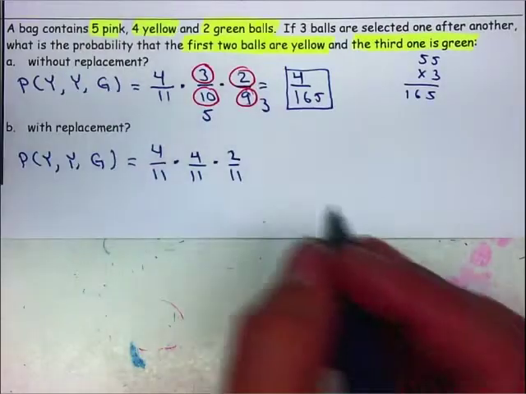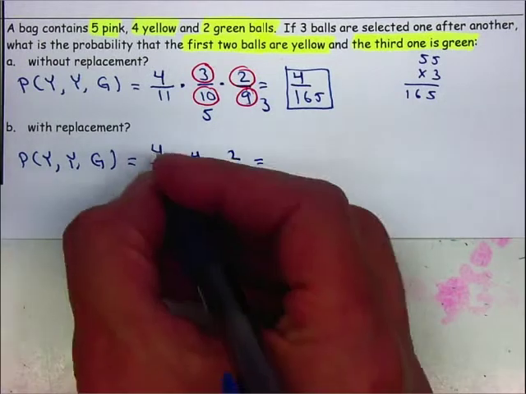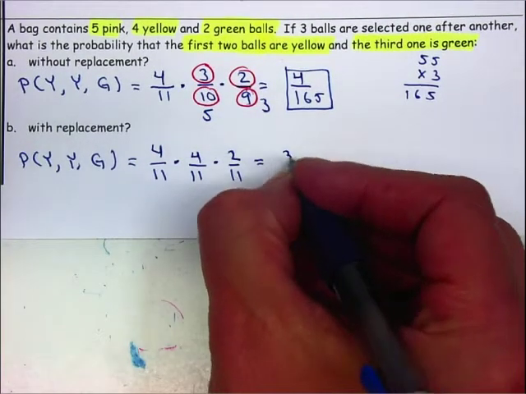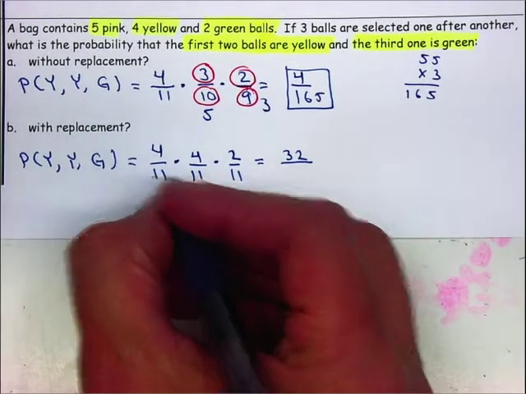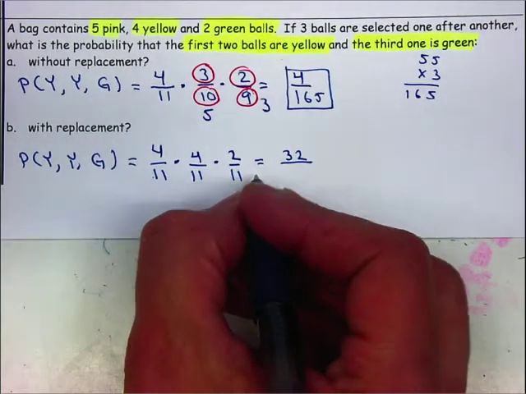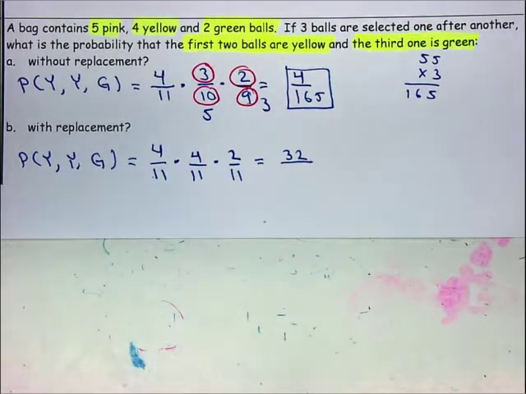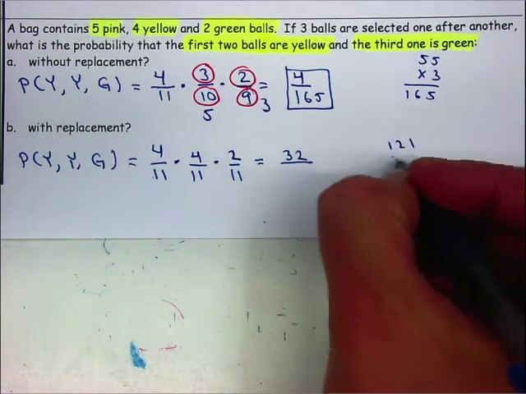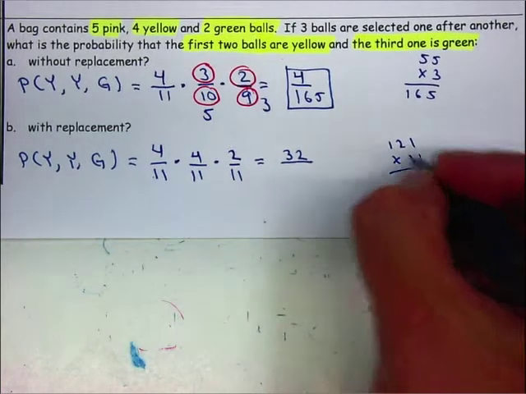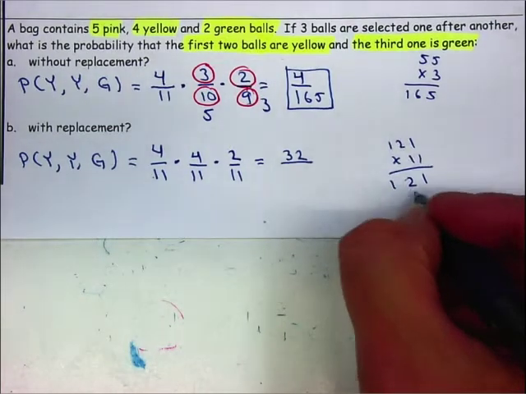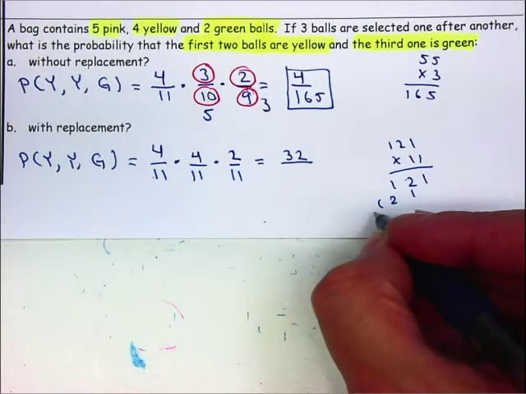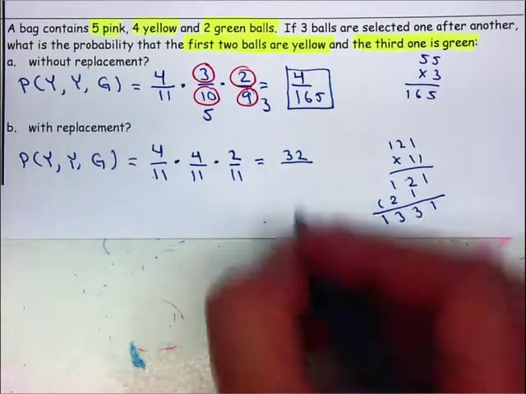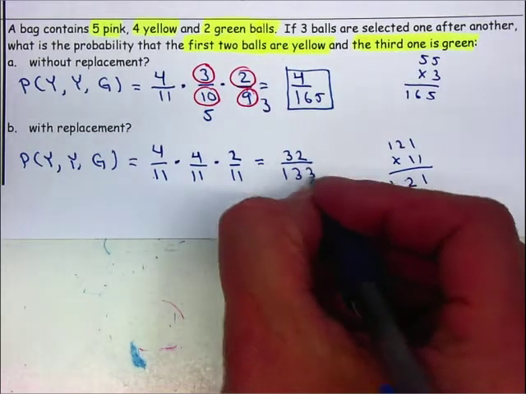Very good. So we just multiply 4 times 4 is 16, times 2 is 32, over 11 times 11 times 11. So 11 times 11 will give me 121, and multiplied by 11 gives me 1, 3, 3, 1.